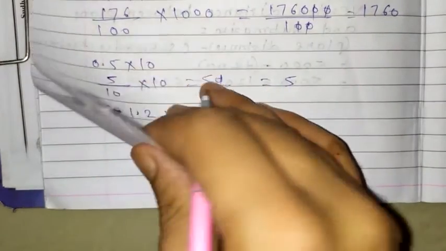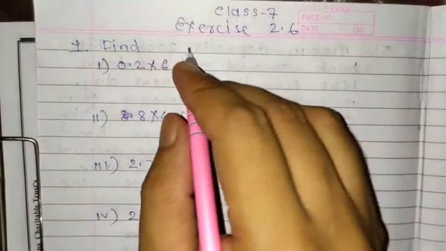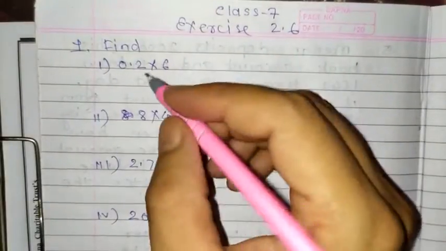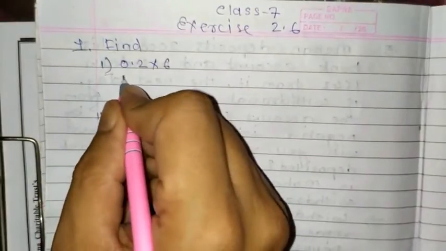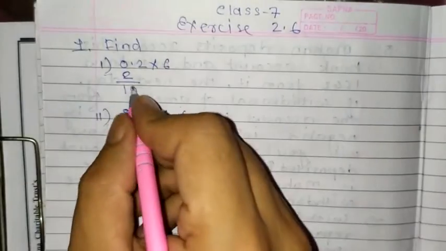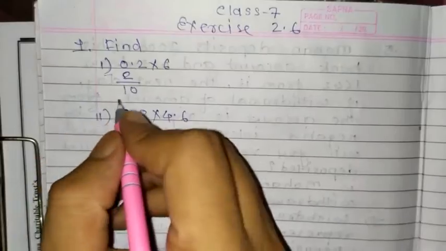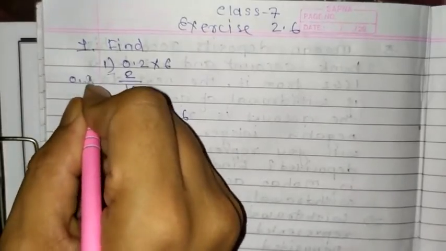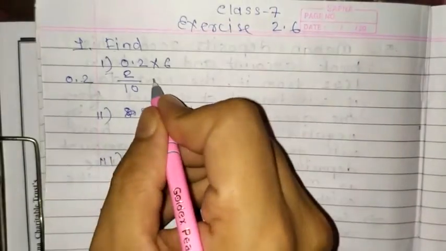So I hope you got the idea of how to do the multiplication whenever a decimal point comes. Now on the basis of that, we will see some questions in exercise 2.6. If you understood the introduction, you can easily solve them. Let's get started. First, 0.2 is written as 2 upon 10, because one number after the decimal point means 0.2. So 0.2 is written as 2 upon 10, into 6.